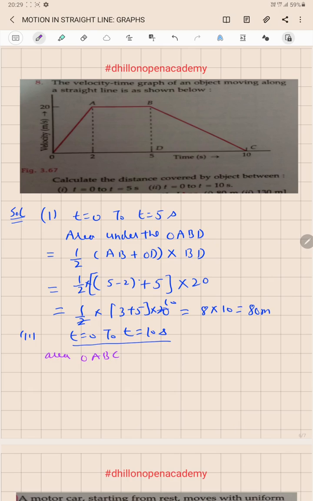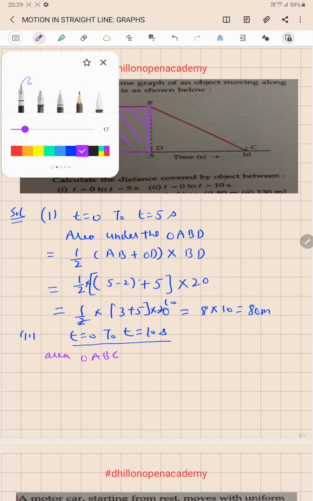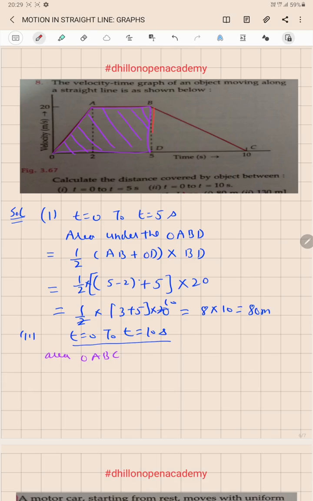We have already determined this much area, right from point O to A to B to D. So this area is already available to us, which is giving us the distance covered from 0 to 5 seconds. This is 80 meter. So what we need to do is just find out this much area between point B and C, that is the right angle triangle BDC.